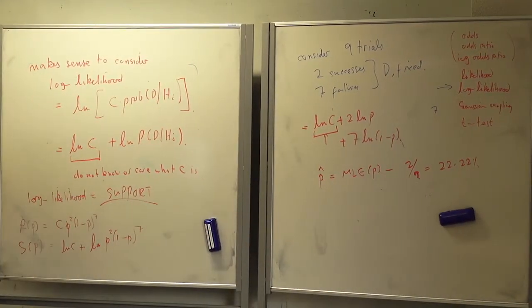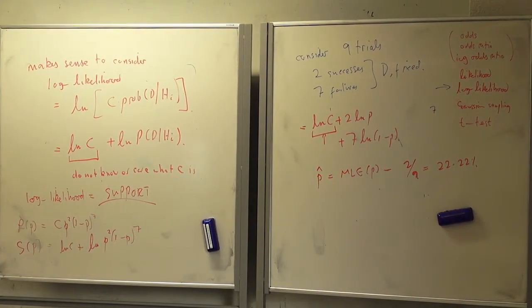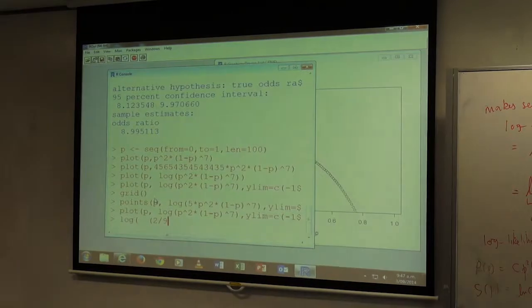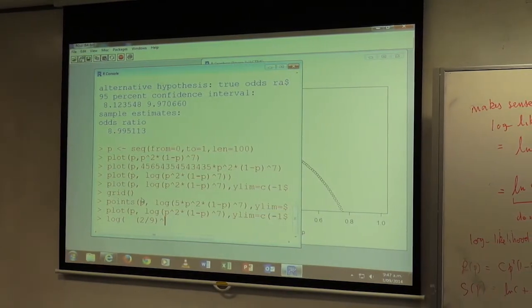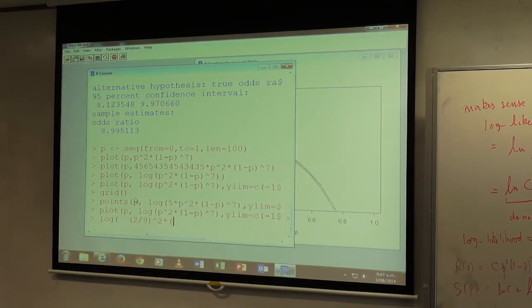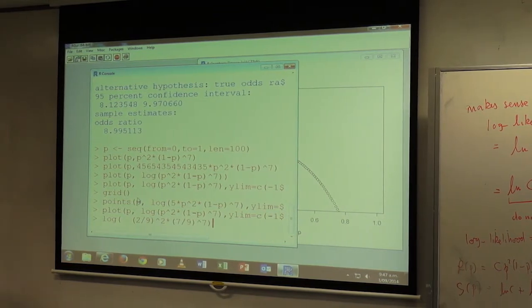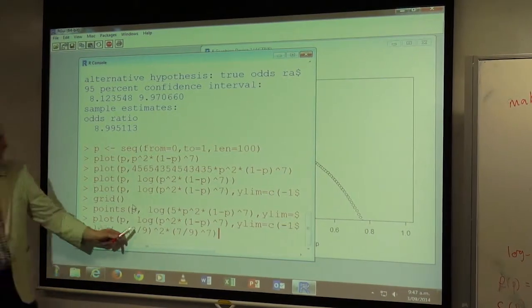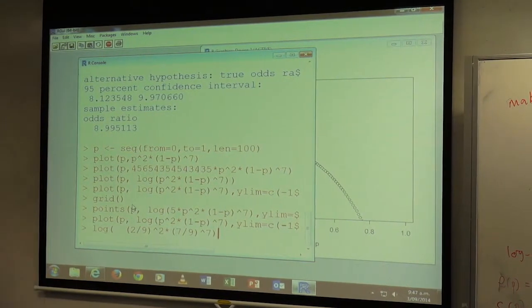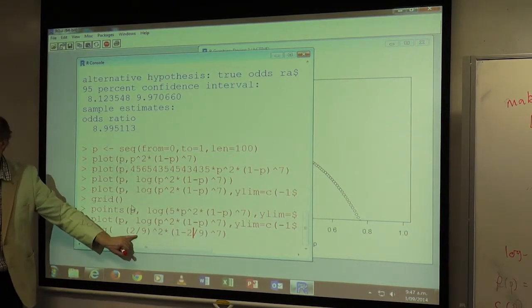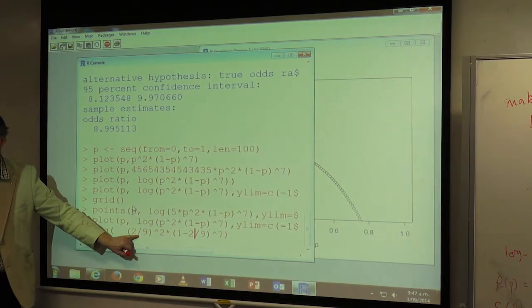So I can work out the maximum amount of support, which is the log of 2/9 to the power 2 times 7/9 to the power 7. That's my maximum likelihood estimate, 2/9, because I've got 2 successes out of 9 trials.